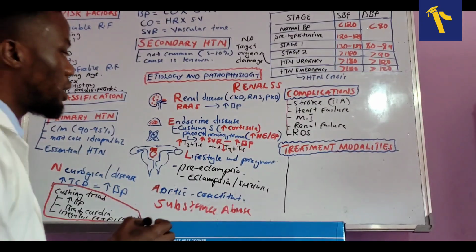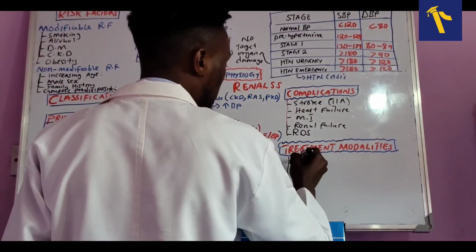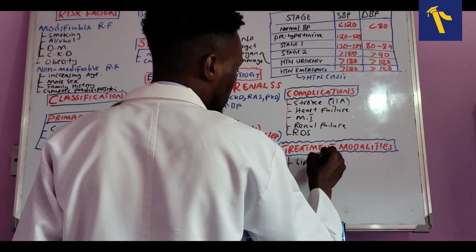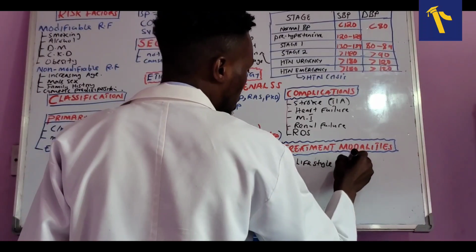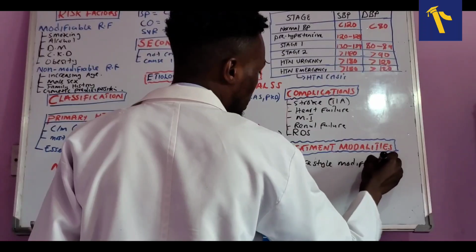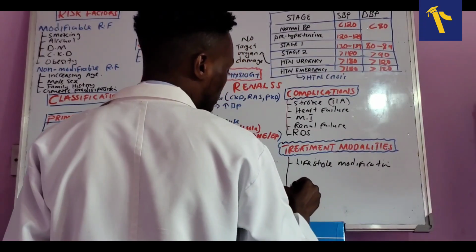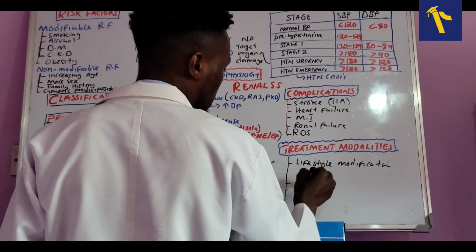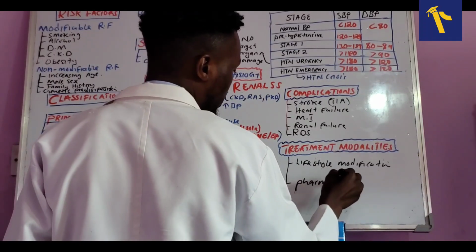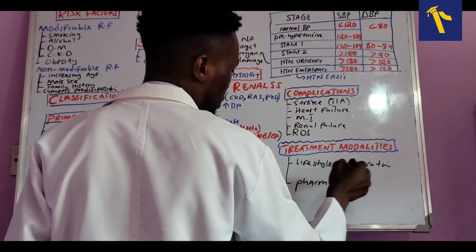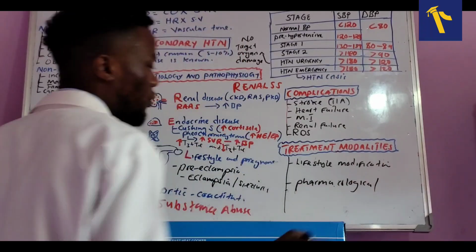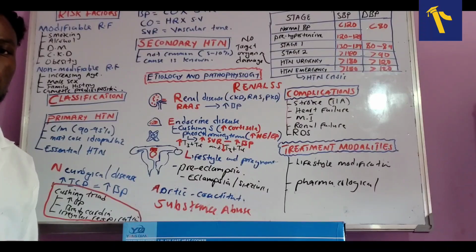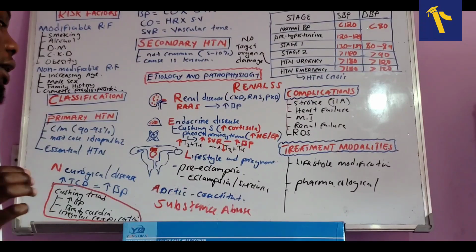Treatment modalities can be based on lifestyle modification as well as pharmacological. So pharmacological and lifestyle modification are the things that you can consider for someone having hypertension.